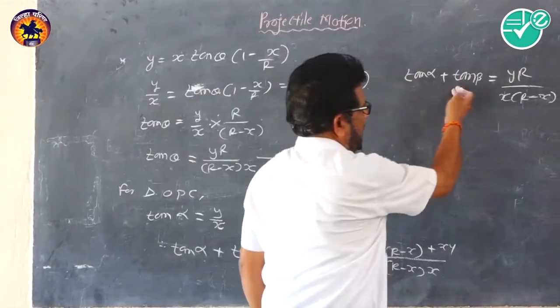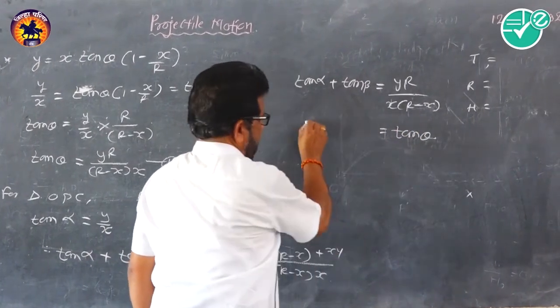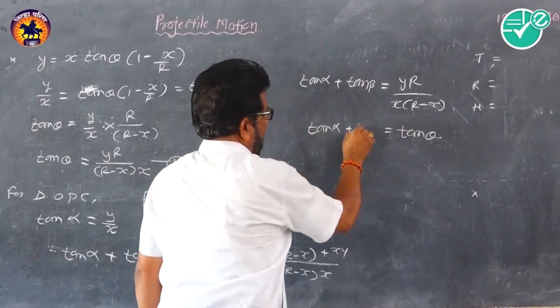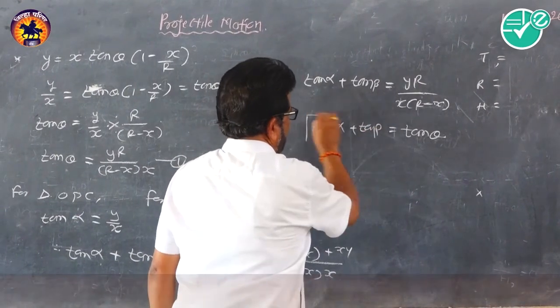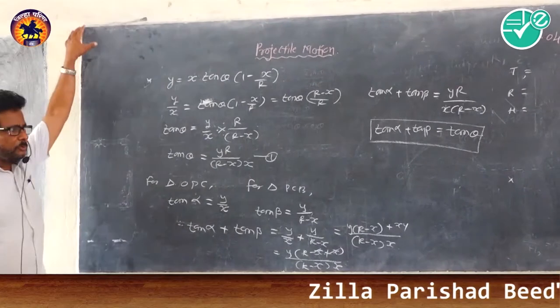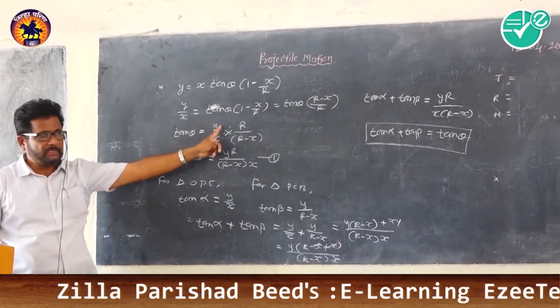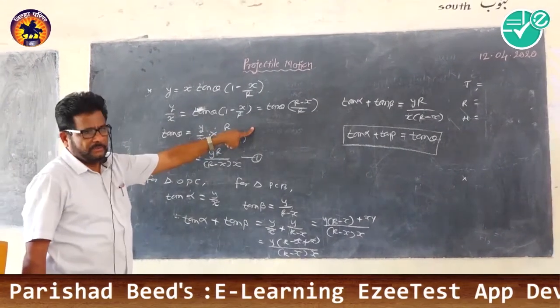So tan alpha plus tan beta is equal to tan theta. This is the relation between these three angles, alpha, beta and theta.